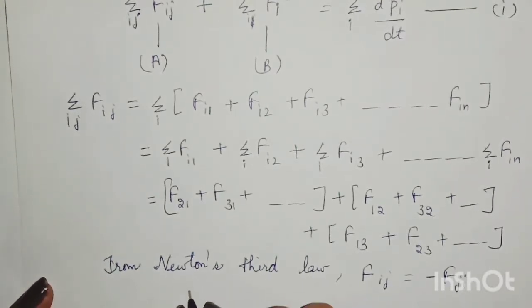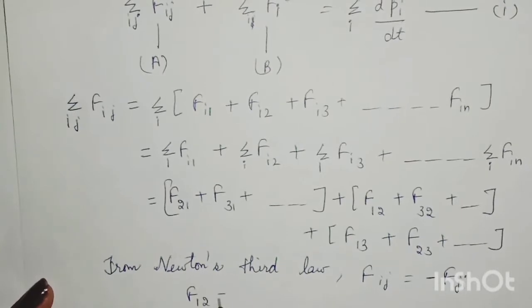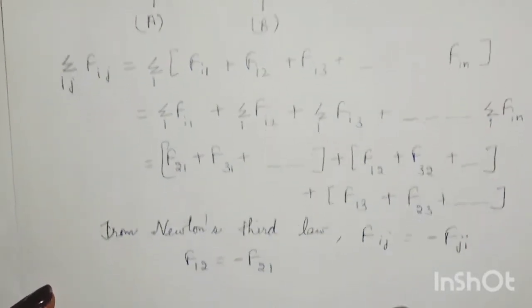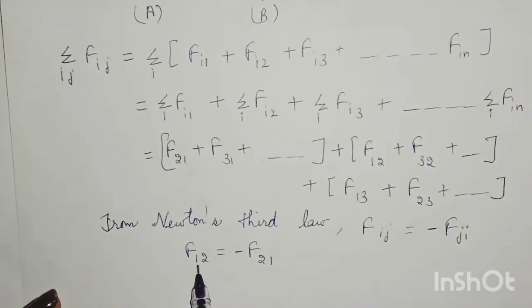Thus we get F12 is equal to minus F21. That means the force on particle 1 due to particle 2 is opposite to the force on particle 2 due to particle 1.